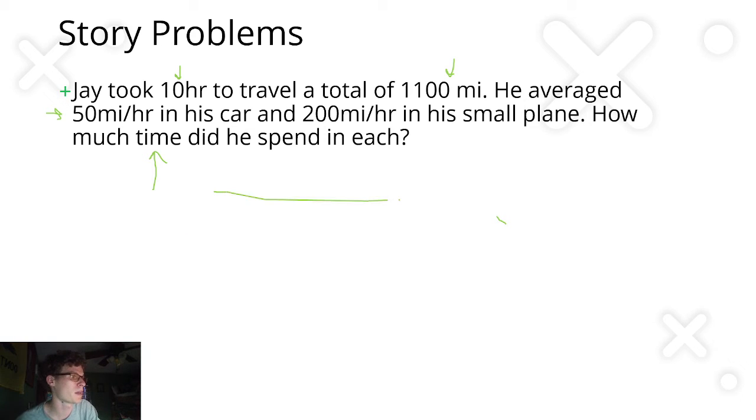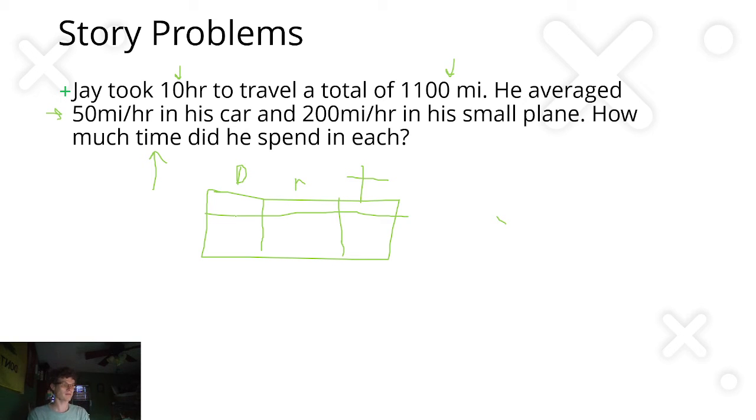So let's make our little chart. Mine's not very fancy, but it's okay. Distance equals rate times time. We're going to do the car for the top and the plane for the bottom. Car is 50 miles an hour.